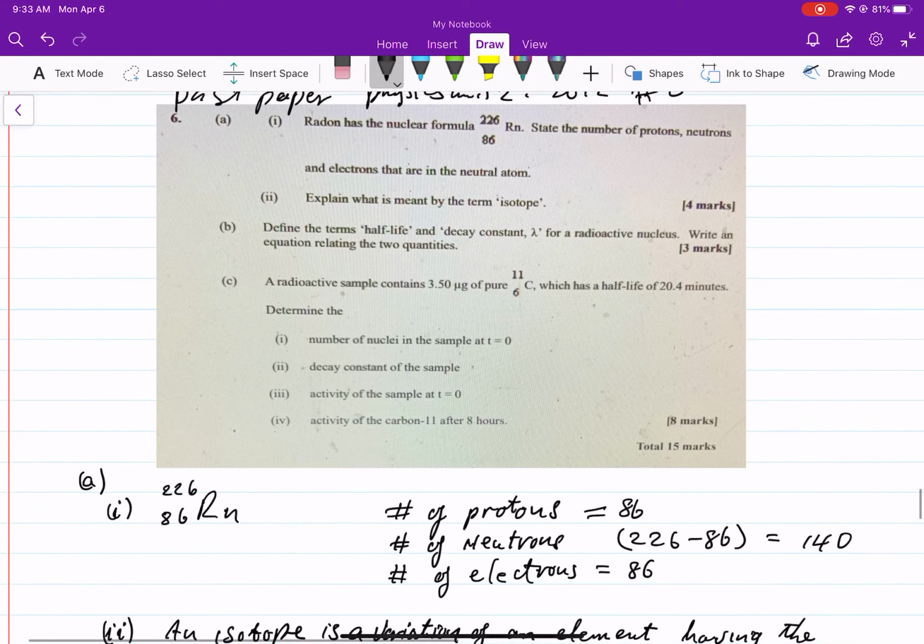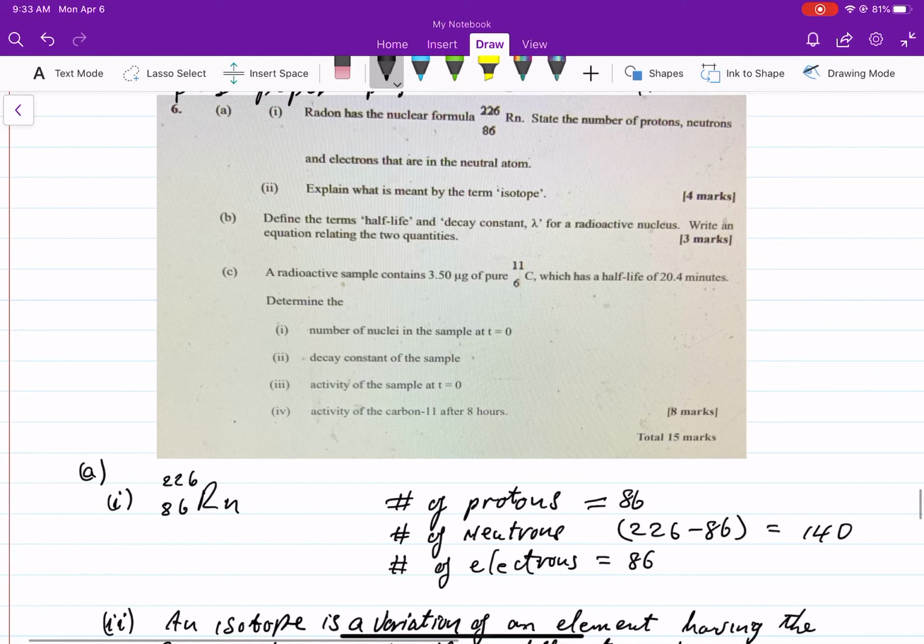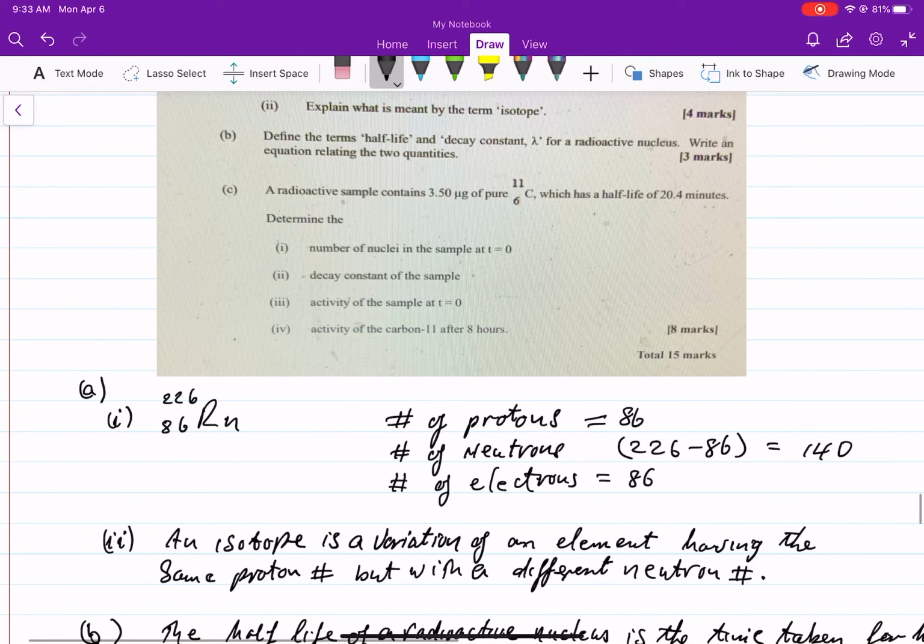I didn't go through any of this, but whoever is doing chemistry should be okay with stuff like this. The proton number is the number at the bottom, that's the 86. The number on top, the 226, represents the nucleon number, the number of protons and neutrons together. So if the number of protons is 86, and you subtract that from the 226, then 140 represents the number of neutrons.